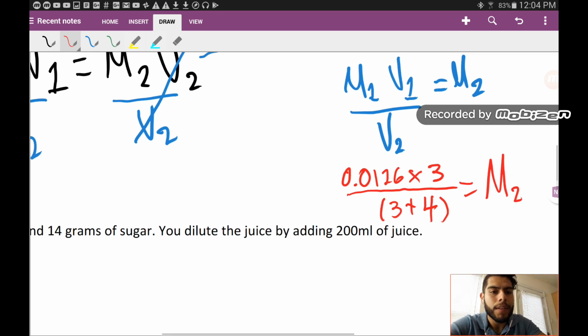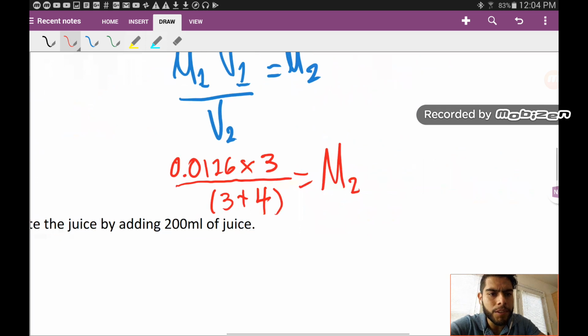Okay. If we do that, let's punch that into the calculator. We have 0.126 times 3 divided by 4 plus 3, 7.